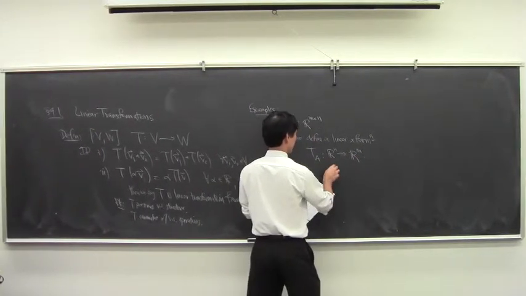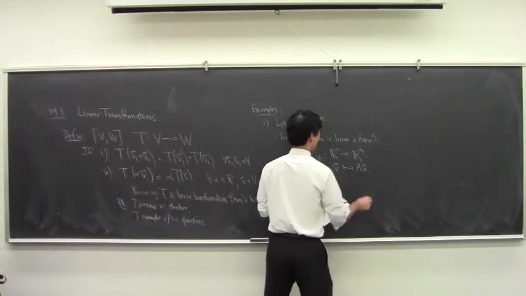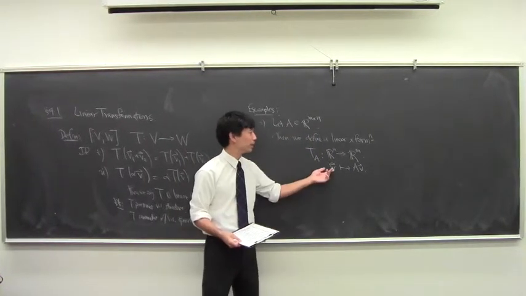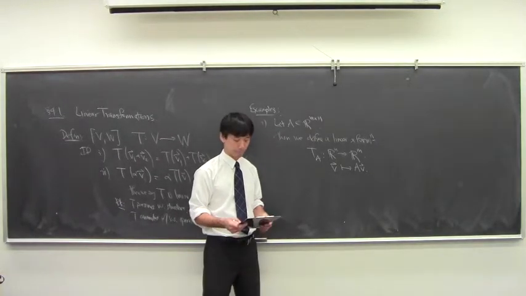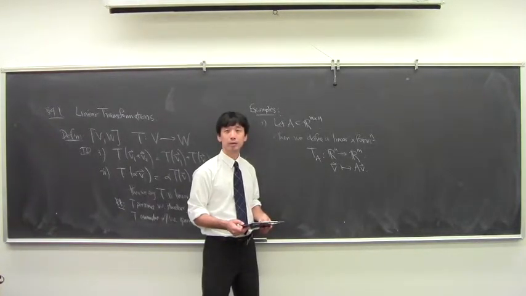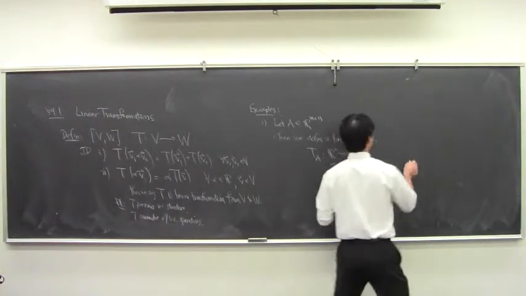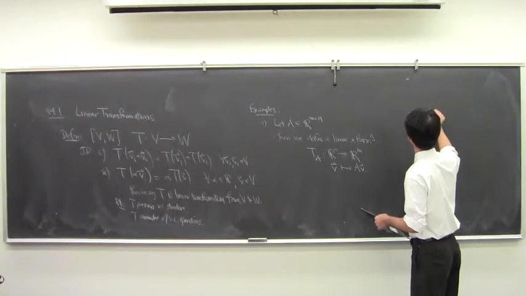Namely, you take the vector and then you hit it with the matrix. A is an m by n matrix.